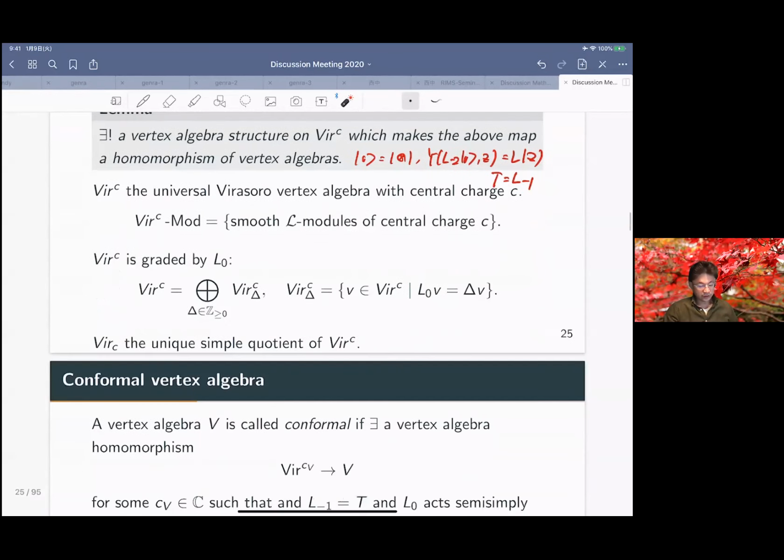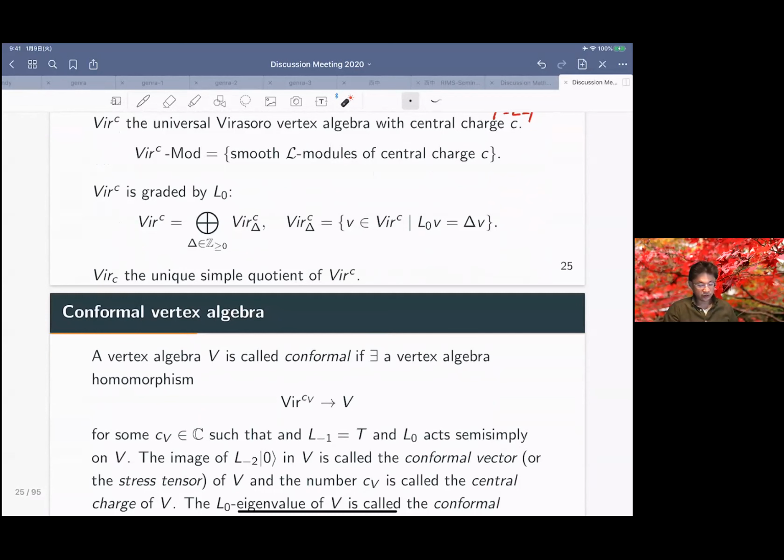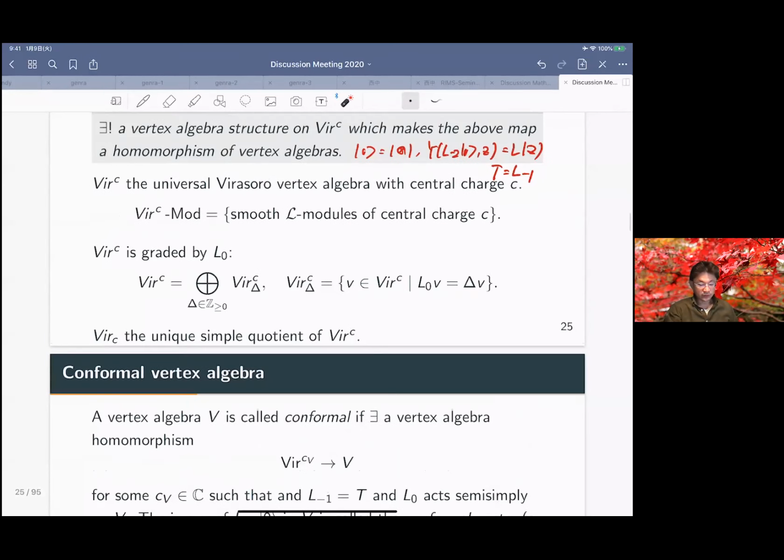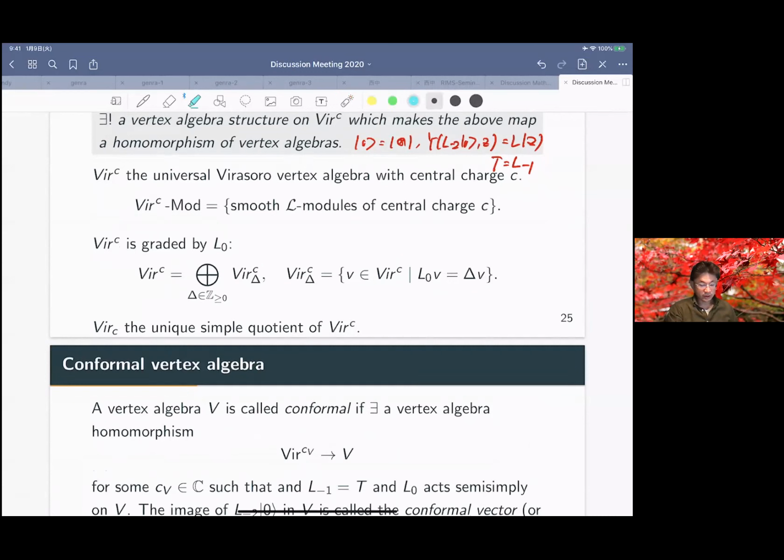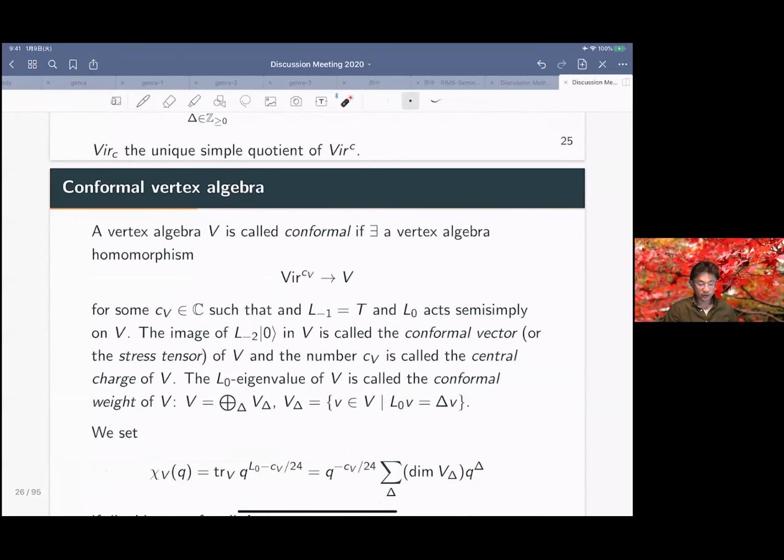And a vertex algebra V is called conformal if there exists a vertex algebra homomorphism from some universal Virasoro vertex algebra to V, such that the image of L_{-1} coincides with the translation operator and L_0 acts semisimply on V. And the image of this L_{-2}, which generates this field, is called a conformal vector, or stress tensor in physics.